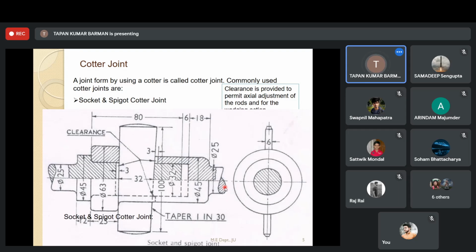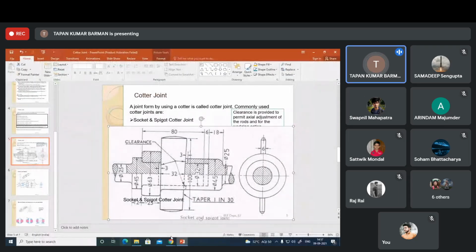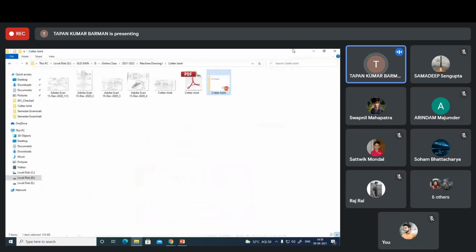Can you say whether we have taken the view from the left hand side or right hand side? Sir, we have taken the view of left hand side. Do you all agree? Is it left hand side or right hand side?